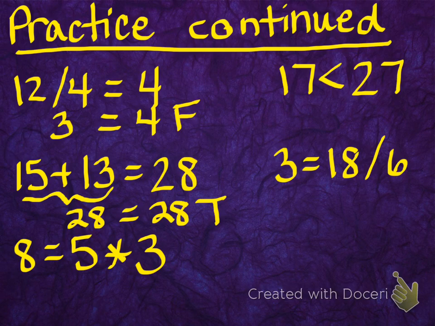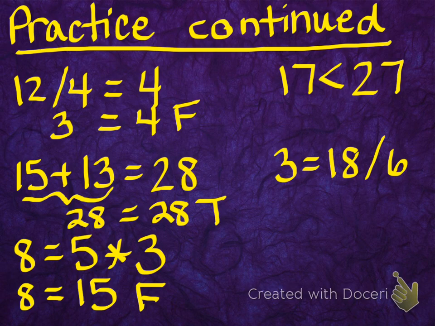The next one is 8 equals 5 times 3. So I'm going to rewrite that as 8 equals, and solve 5 times 3 is 15. 8 does not equal 15, so this number sentence would be false. Okay, let's take a look at this one. 17 is less than 27.